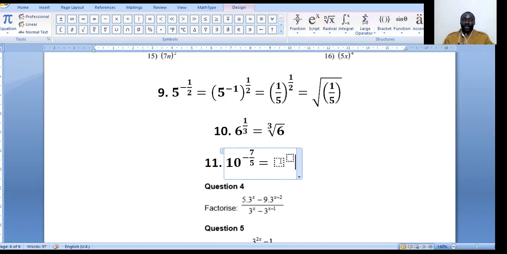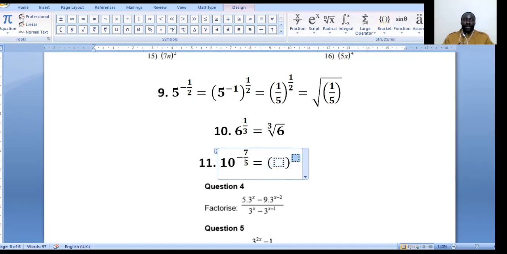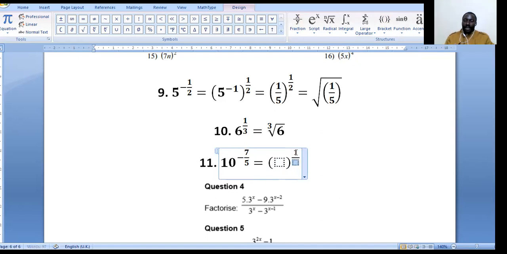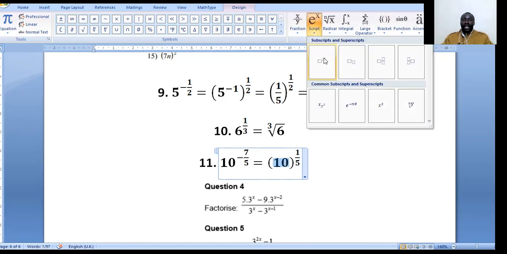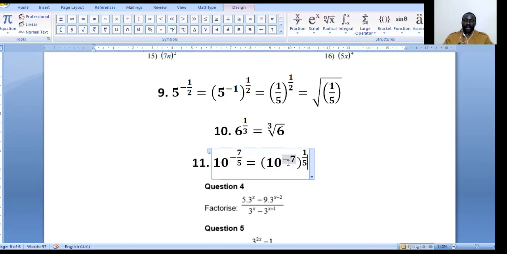We'll be having a bracket inside here and out here. We want to have 1/5 outside. Then the denominator is what we keep out, this one here. Then what we keep inside here will be 10 raised to power -7. Well, from this, just copy this and put it there.